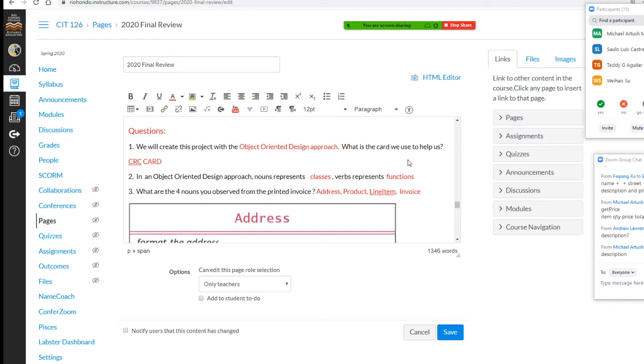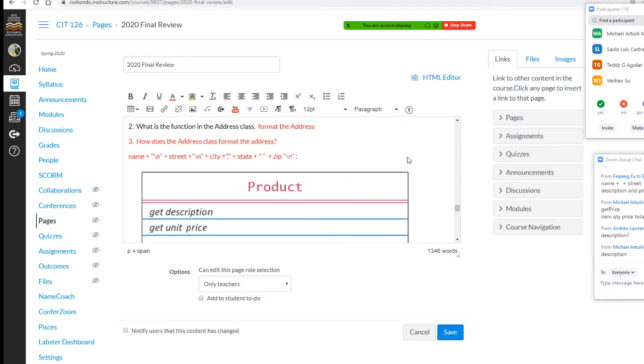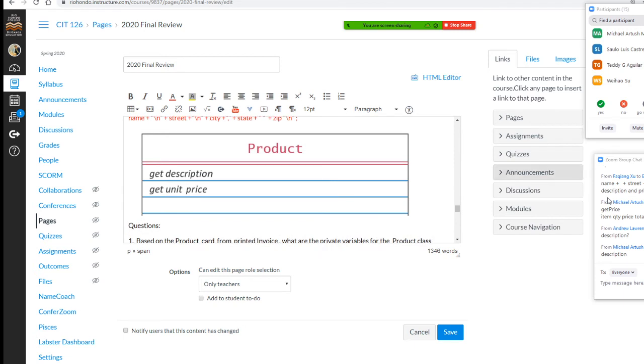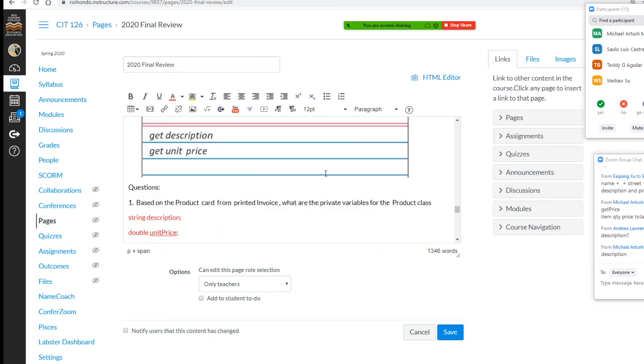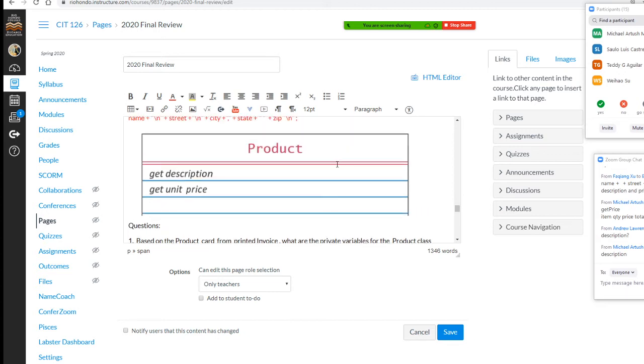All right. Yeah, you are right. But this description and price together, what's a description plus price? It already been encapsulated.